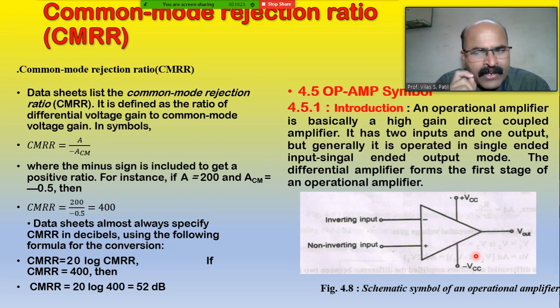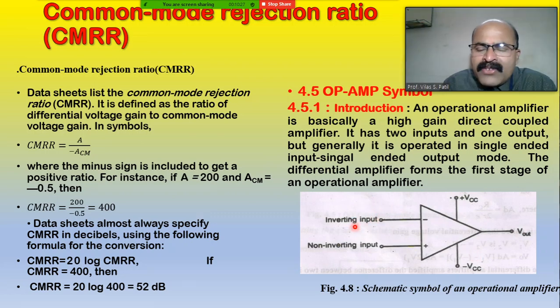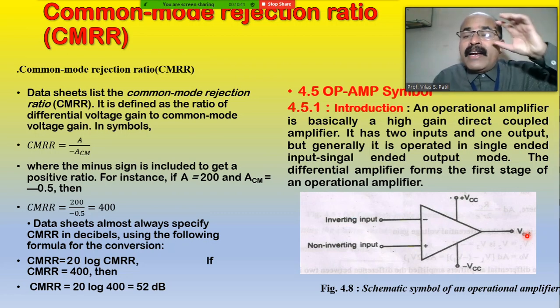See here, why is the input to this terminal known as inverting? Because the input voltage at the inverting terminal and the output are out of phase. It means that the phase will be inverted.